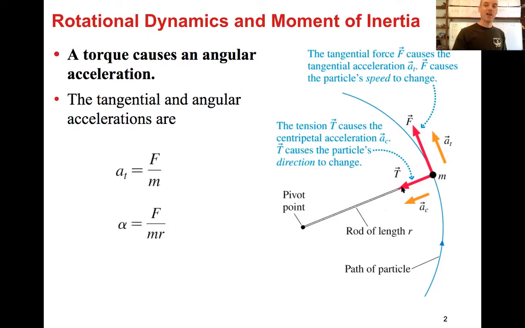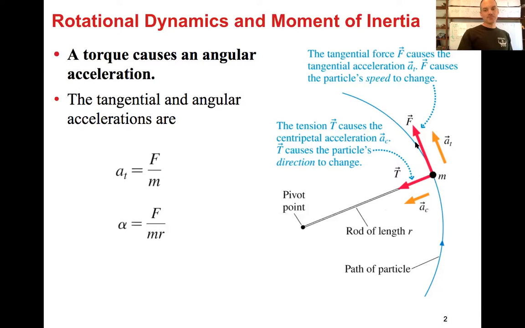You have a pivot point, and you have the tangential acceleration happening as it increases in the angular velocity. So it's actually speeding up, more radians per second.